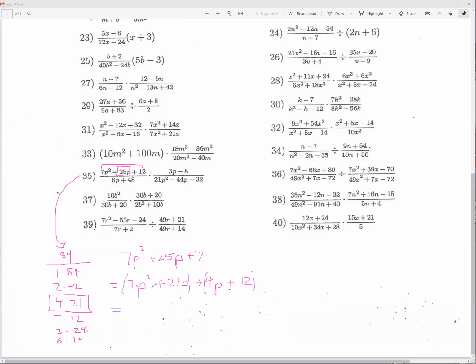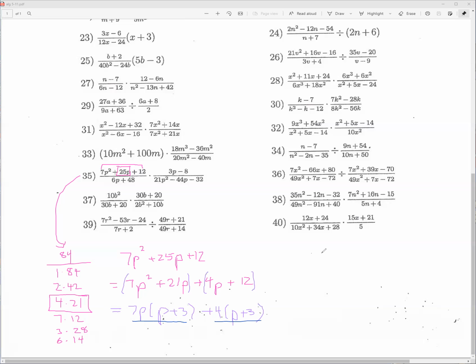So I can take a 7p out of this set of parentheses, which leaves behind a p plus 3. And I can take a 4 out of this set of parentheses, which is p plus 3. And then we've got two things that are added, and they each have a p plus 3 in them.